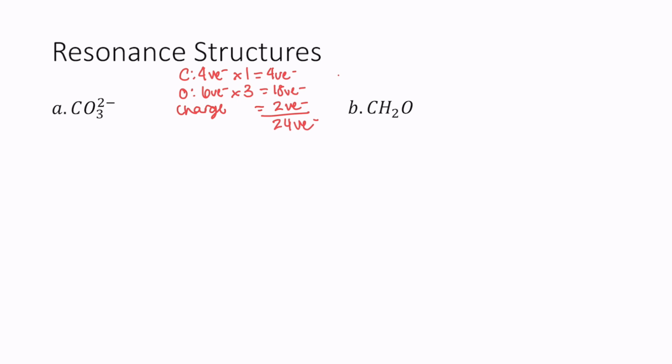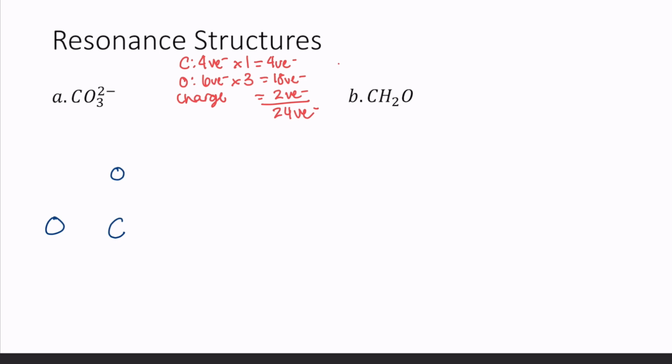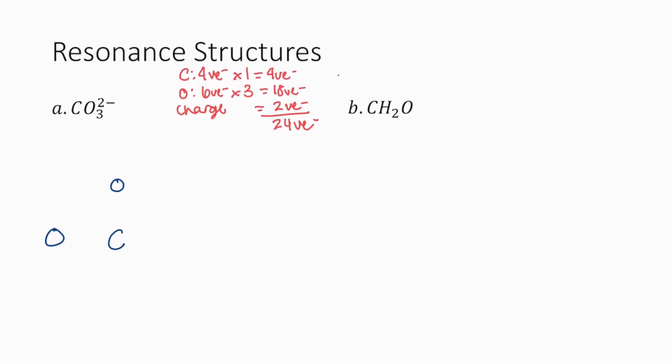This compound only has two atoms, so the first atom is my central atom. I'm going to put carbon in the middle and then draw three oxygens around the carbon. Then I'm going to attach the carbon to each one of the oxygens.